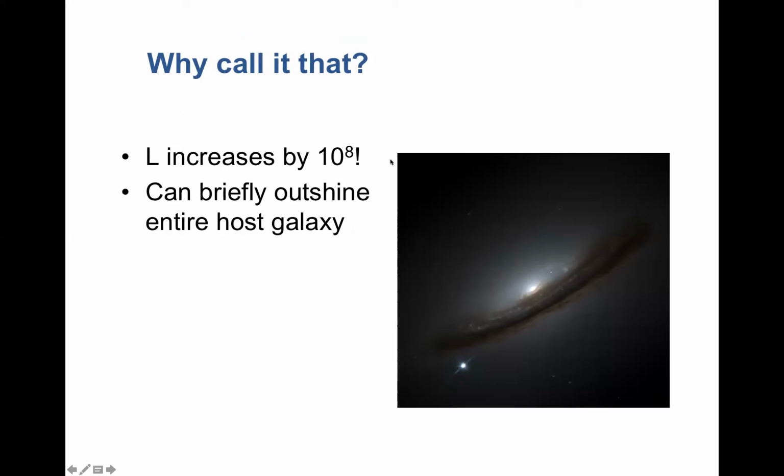The luminosity of what was already an extraordinarily luminous star, a supergiant, increases for a short time by a factor of 100 million. It can, as you see in this picture, briefly outshine the entire galaxy in which it is embedded. These are extraordinarily bright and energetic events that can be seen literally across the universe.